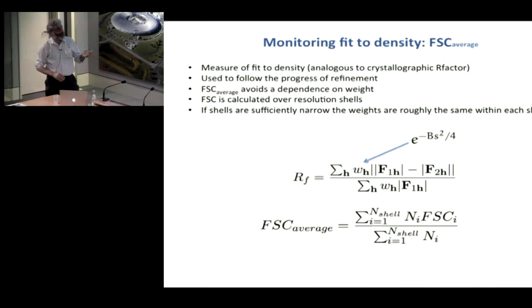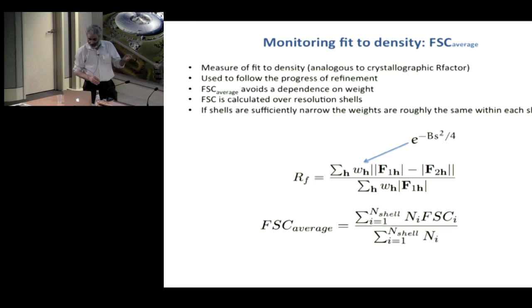Okay, for monitoring fit into the density, we use the so-called average Fourier correlation. The main idea is that when you use overall R factor, overall Fourier correlation, or something like that, they are dependent on weights.